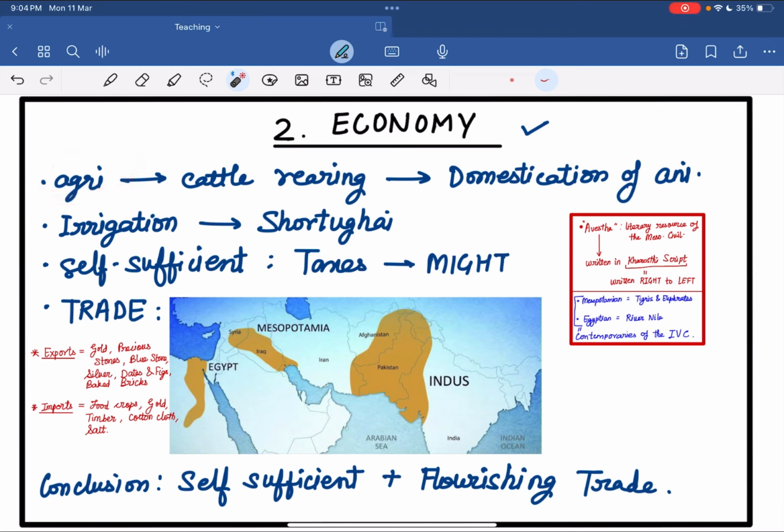How can we practice agriculture? One has to have water. For practicing agriculture, one has to have water. Water becomes a necessary ingredient. So irrigation: we've excavated evidence of canals at Shortugai. Why this becomes important, you'll have to understand one thing. We talk about 2,800 plus sites of the Indus Valley Civilization.